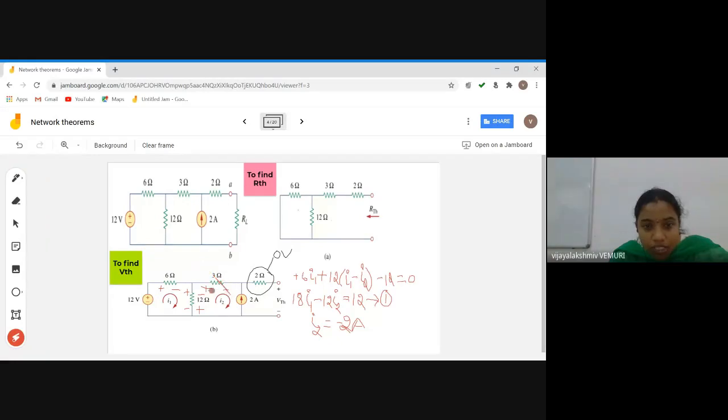You cannot neglect this because this is in a loop where some current is flowing. That means the voltage across these two terminals is the drop across the 3 and 12 ohms combination. Am I clear? Any confusion? Tell me. No, ma'am.